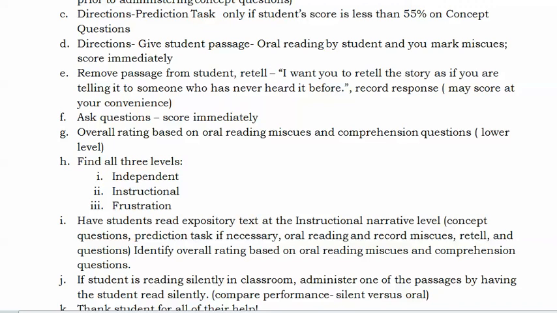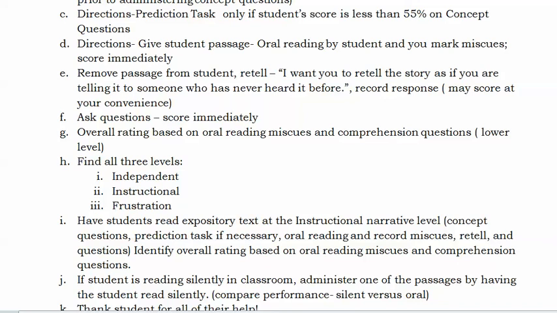So if in their passage and miscues they didn't have any miscues, so it was their independent level, but on the questioning section they scored instructional, the overall passage score is instructional. If they scored frustration in the oral reading with too many miscues, but they scored instructional on the comprehension questions, the overall score is frustration.